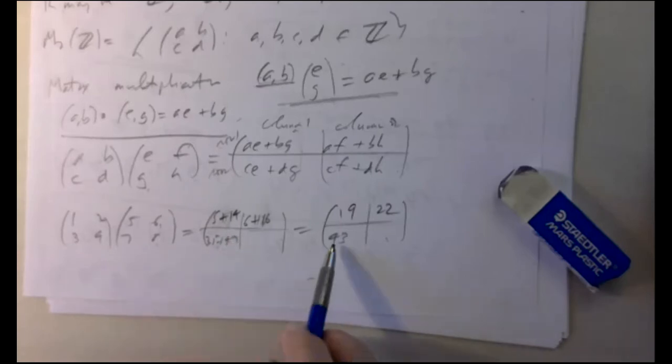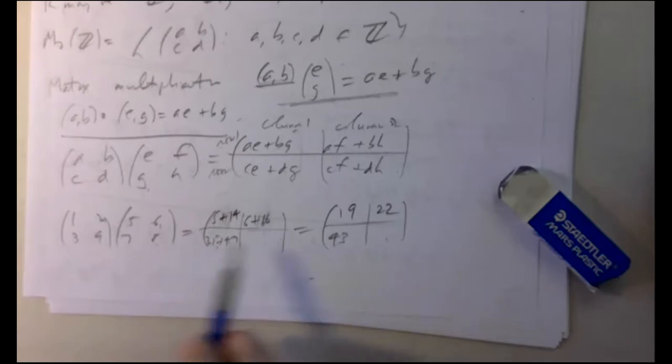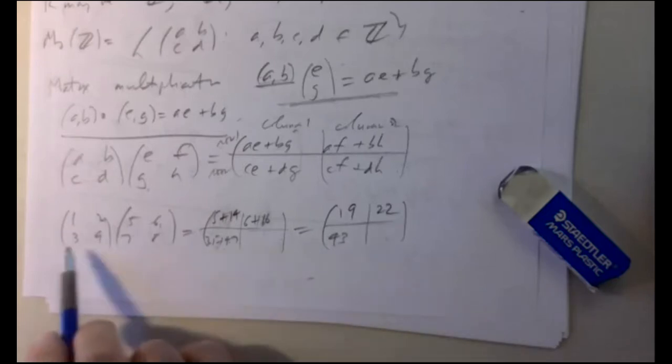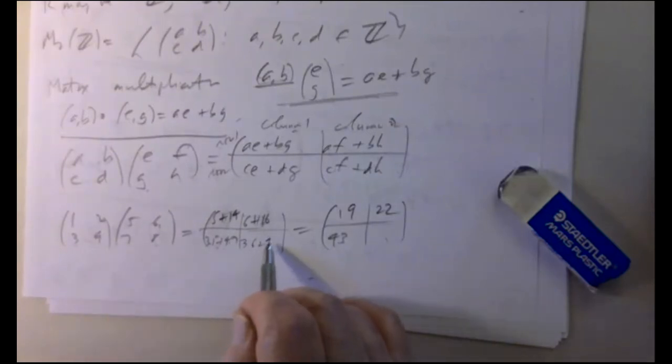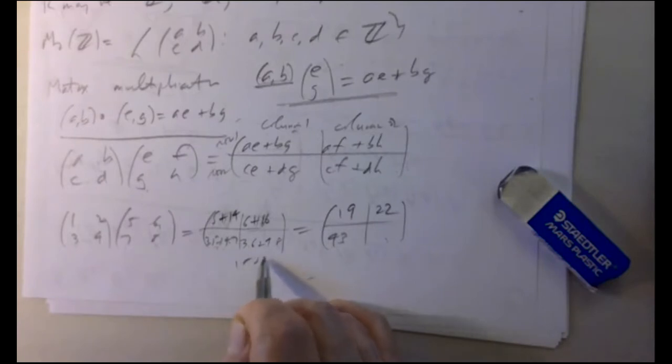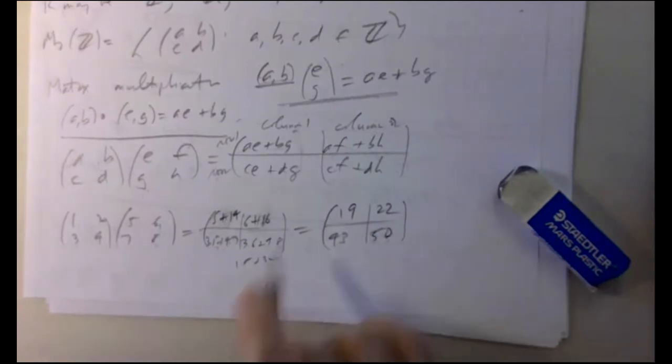That's 15 and 28, which is 43. Second row, second column is 3 times 6 plus 4 times 8. That's 18 plus 32 is 50.